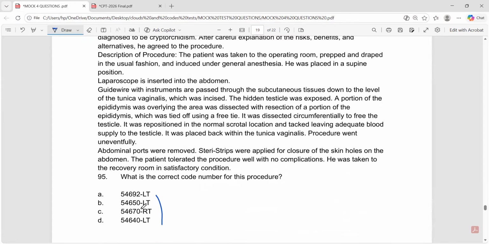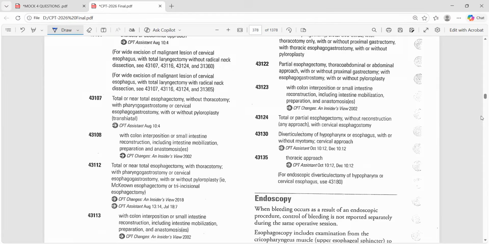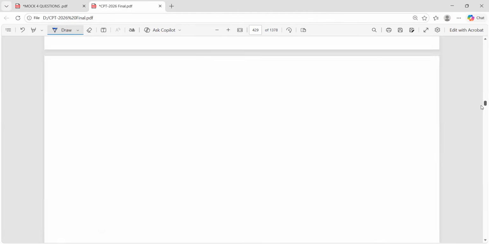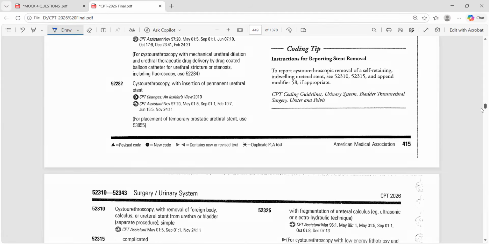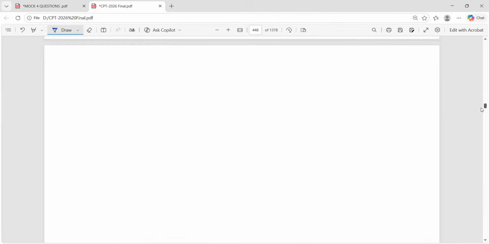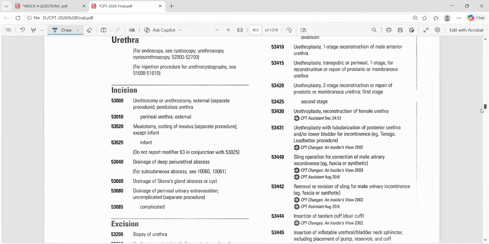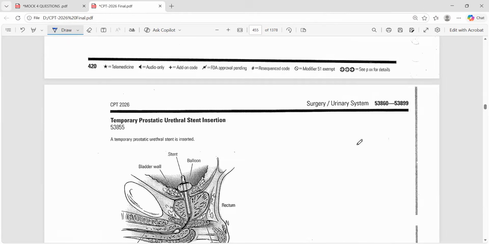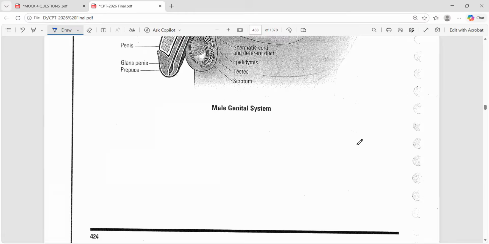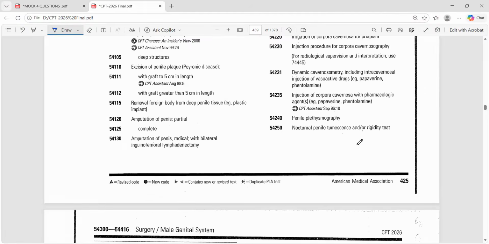See here, let's look at codes 54670 or 54692. Let's go to 54692. What procedure did he perform?